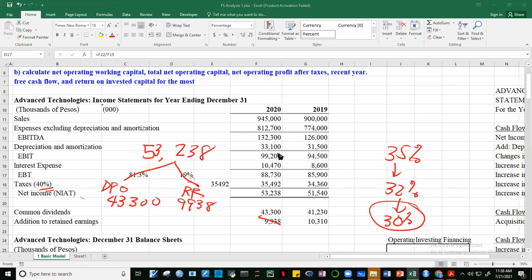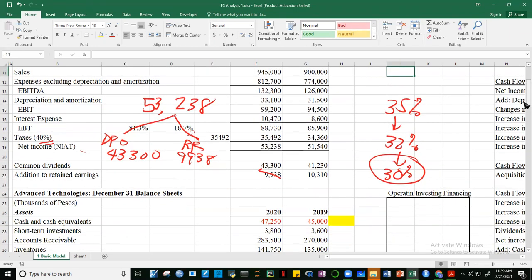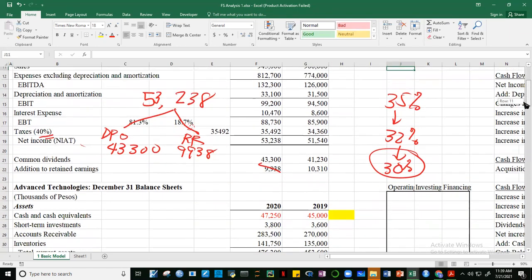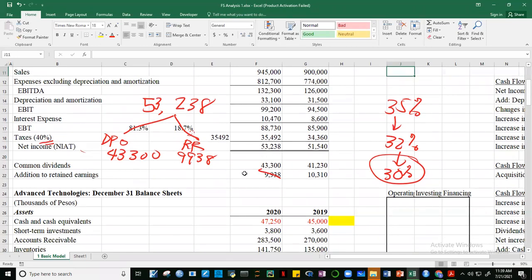So that's what happened in 2020 for this company. Of the total 53,238 net income that can be distributed as dividends, 43,000 were issued as dividends, and the rest were flowed back to operations. So it goes to common dividends, then addition to retained earnings.